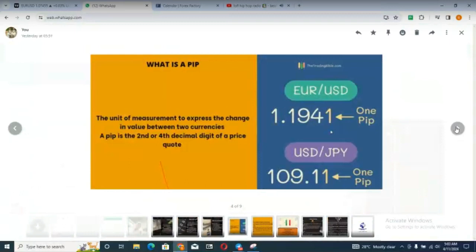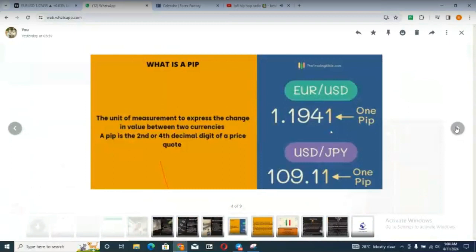It's showing a movement of price. Using the chart representation here, we have 1.1941. Now, if the chart changed to 1.200, there's already a change in the value of pips.